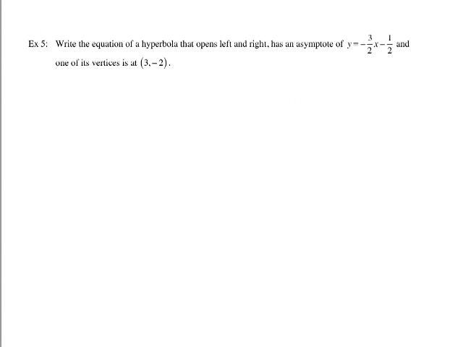It's opening left and right, so that means it's going like this, right? One of its vertices is at 3, negative 2. And it says it has an asymptote of y equals negative 3/2 x minus 1/2.